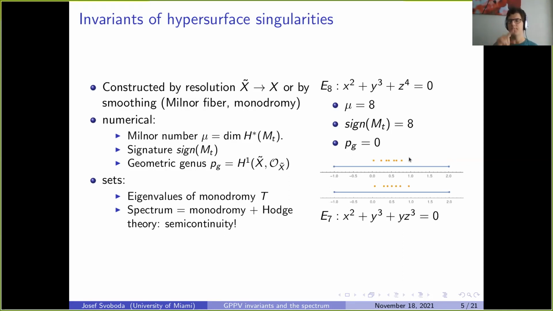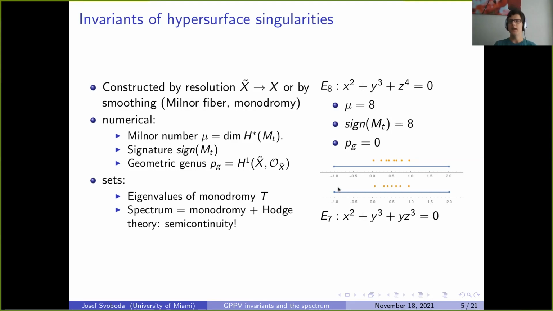Sorry, you have H^{0,0}, H^{1,0}, H^{1,1}. Once again, if you take, for example, the first cohomology, you have H^{1,0}, H^{0,1}, and you know that H^{0,1} is the same as H^{1,0}. So that's what I wanted to say.